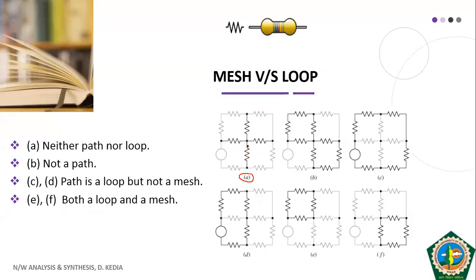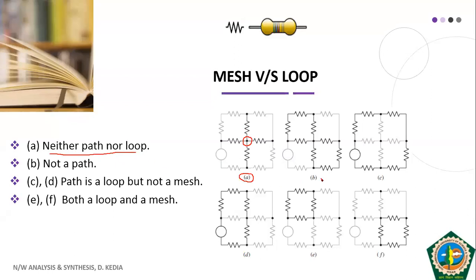We are talking about the dark shaded resistances in the figure. In figure A there is neither any path nor any loop, because all the resistances are connected to a common node. So it follows neither the path definition nor the loop definition.